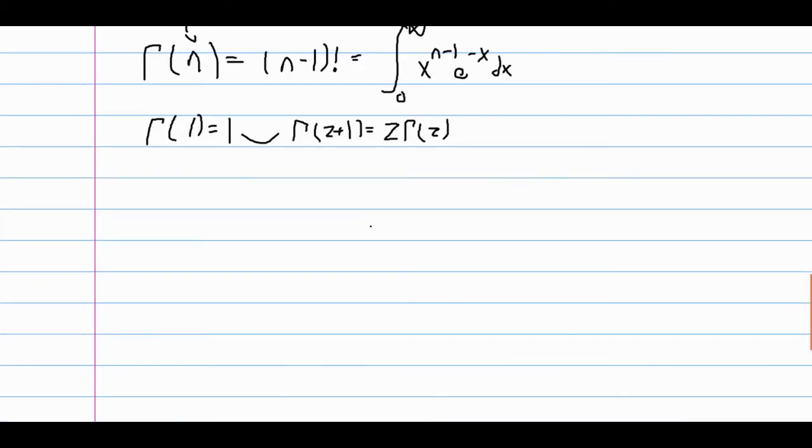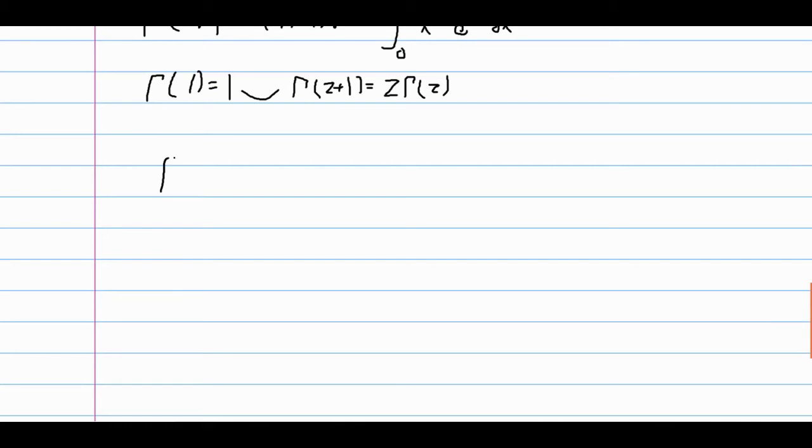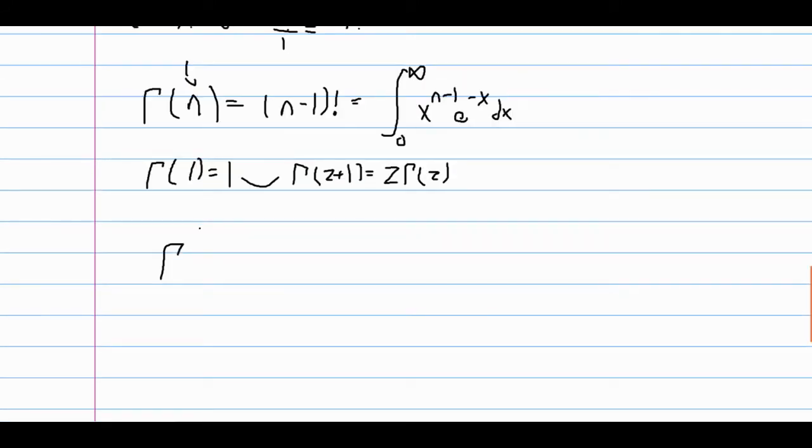And so let's say, for example, we wanted to calculate gamma of 1/2. Using this definition, we would say that's equal to negative 1/2 factorial.